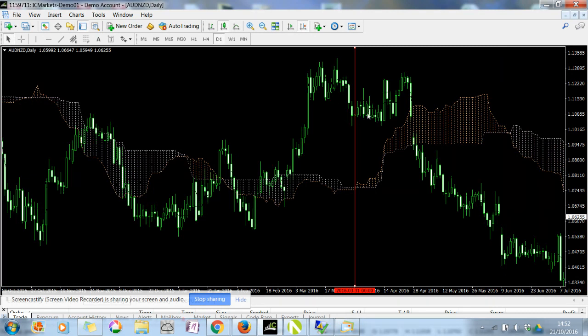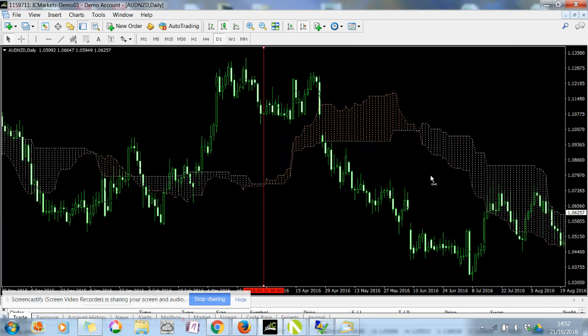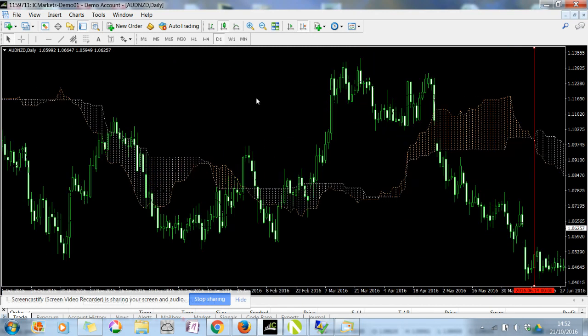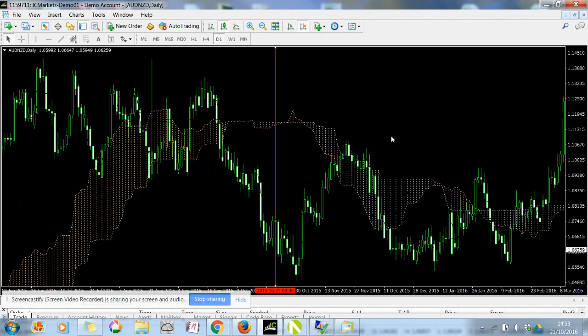So going down, change to go up. It doesn't work every time, but it works a lot of times, so it's worth checking with the other indicators to see. That decided not to change.